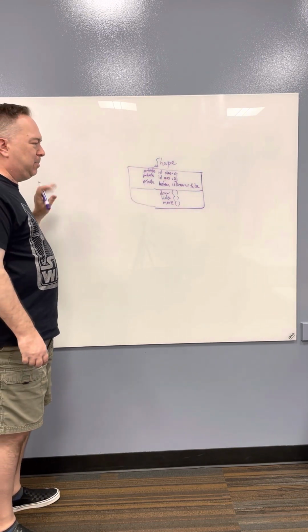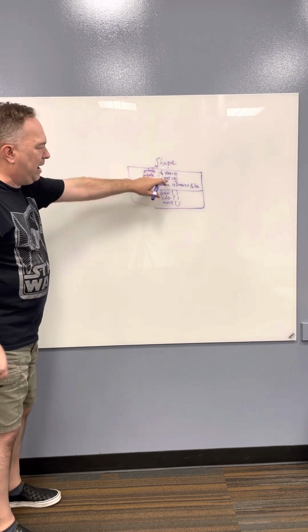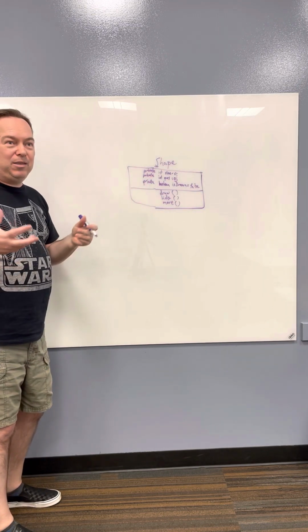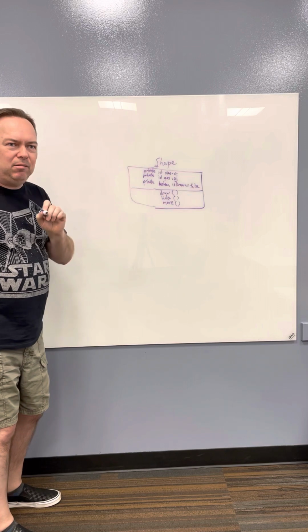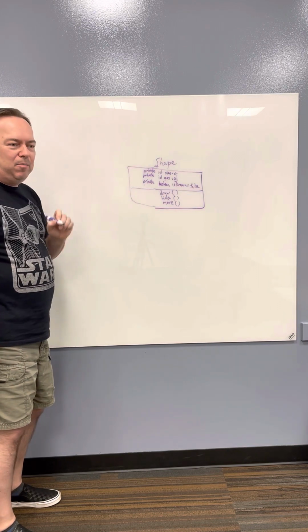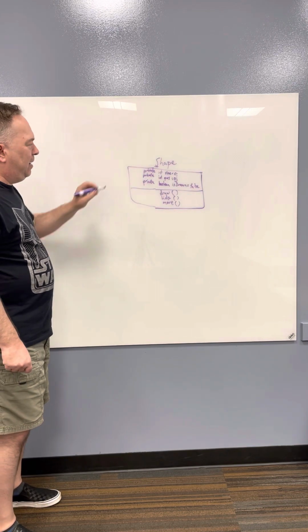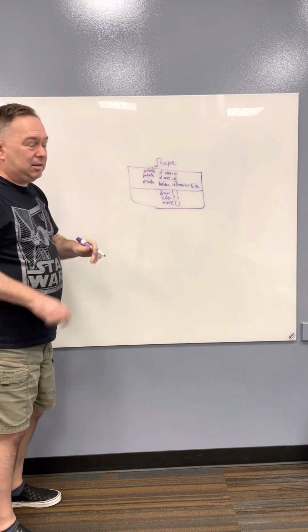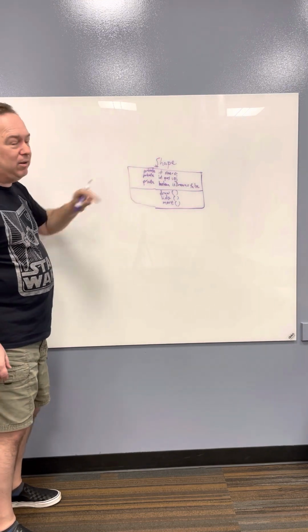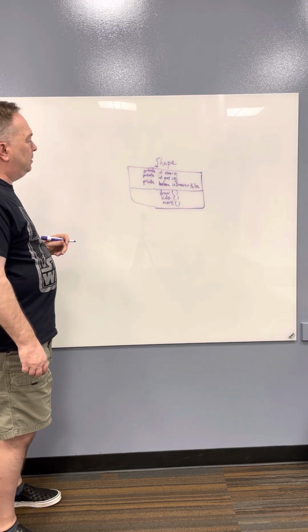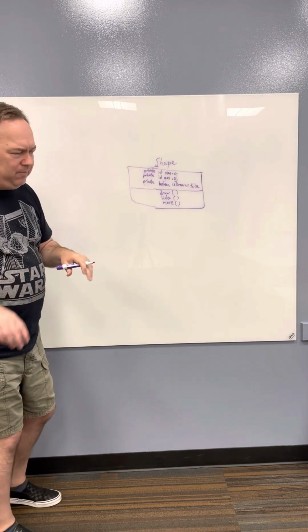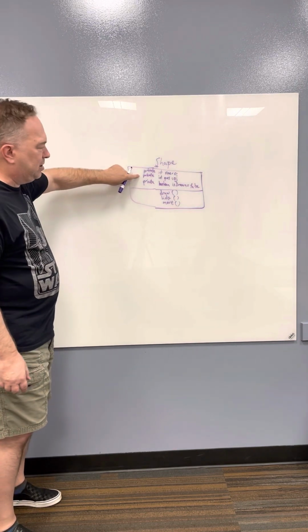If I try to use the position of a shape just like that, you remember when we did the math, we had like math.abs, right? Just to call a method in the math library. If I tried shape.pos, it'd blow up, so you can't do that. It's private, okay? I mean, you could make it public, very bad idea. If you wanted it public, you just say public here instead of private.